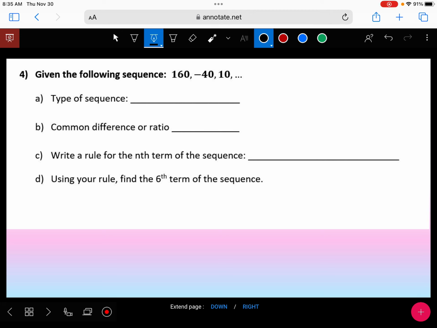This is the first time where you have a negative common ratio.